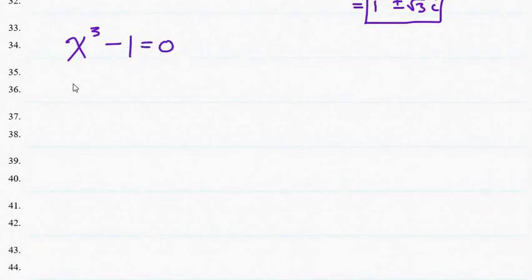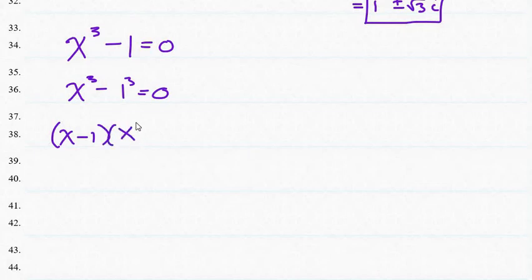So once again, this can be rewritten. This is the difference of two cubes, so it's x minus 1 times x squared. Whatever this sign is, it's the opposite here, and you take this number times that number: 1 times x is x.